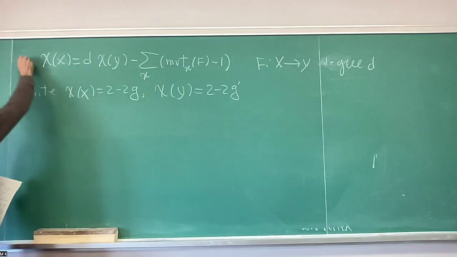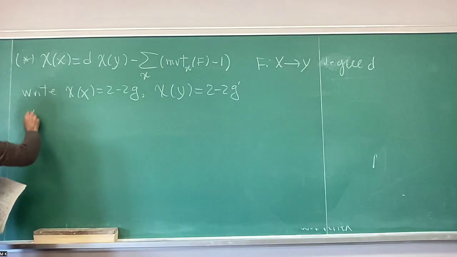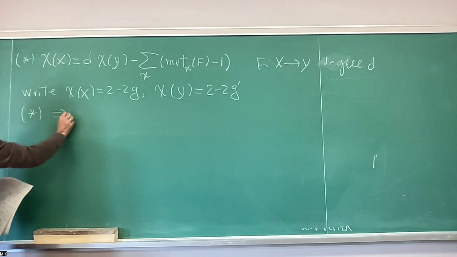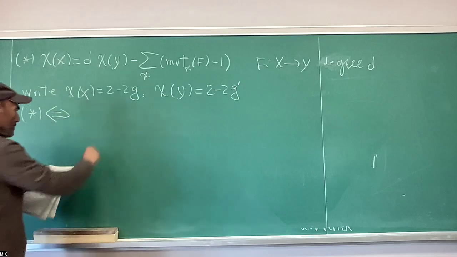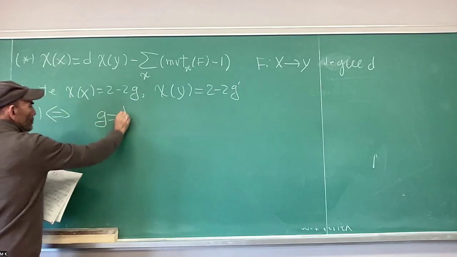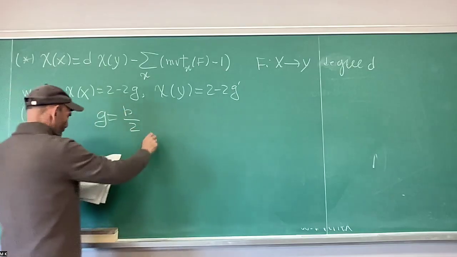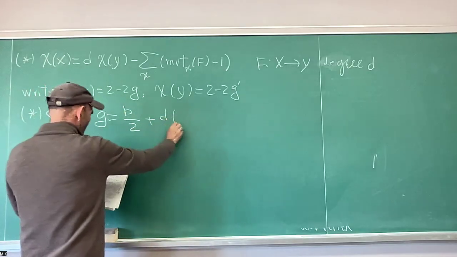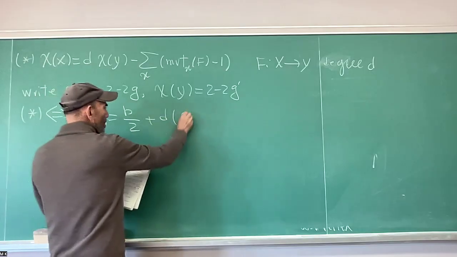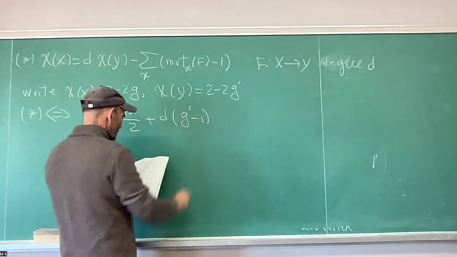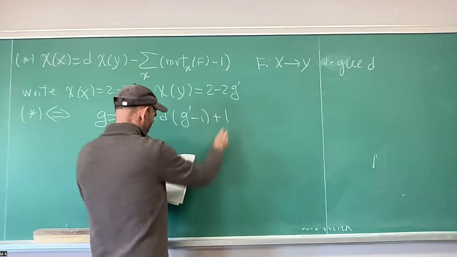So then star is equivalent to this formula now. g is equal to b over 2 plus d times (g prime minus 1) plus 1.